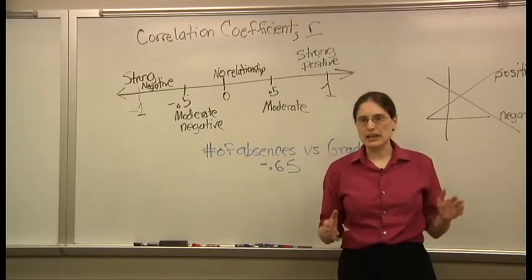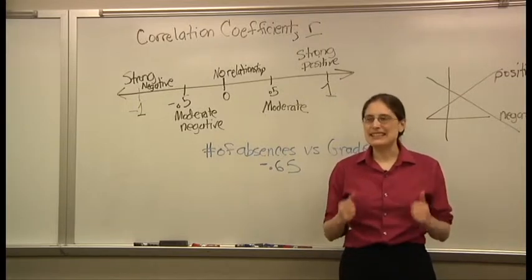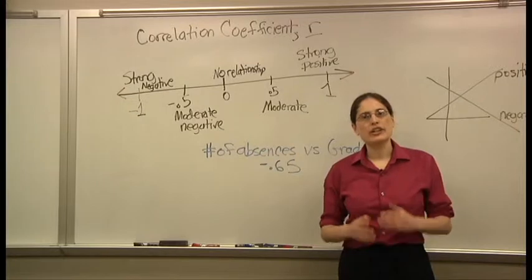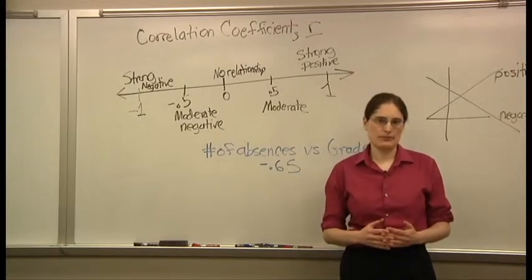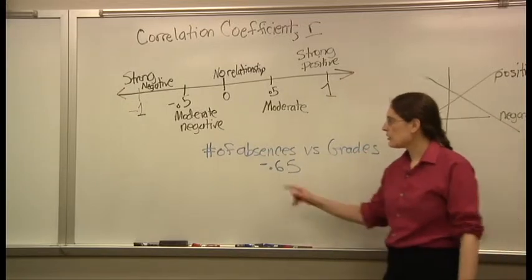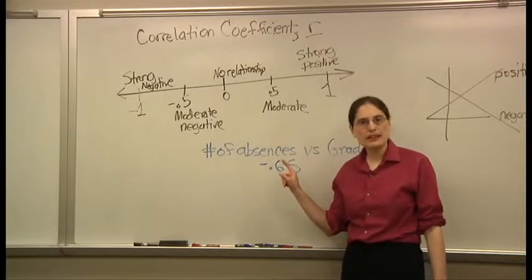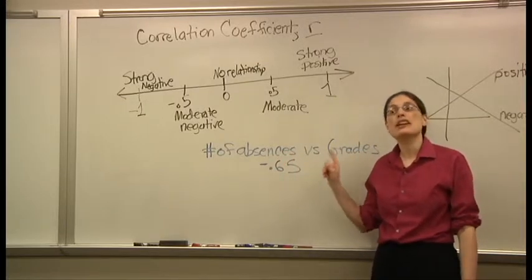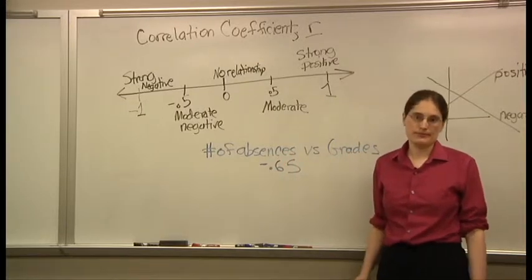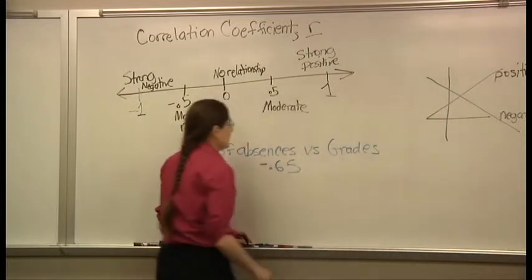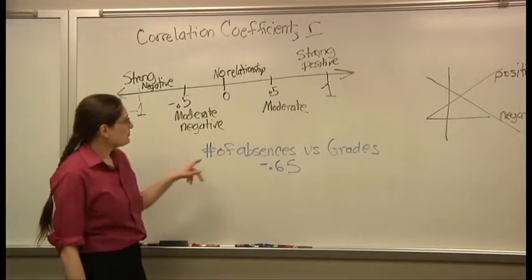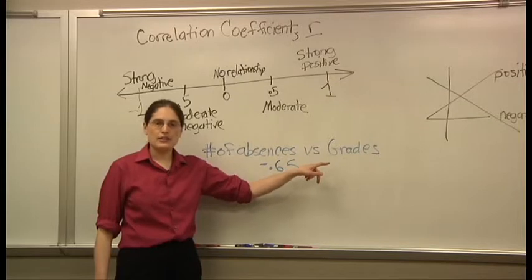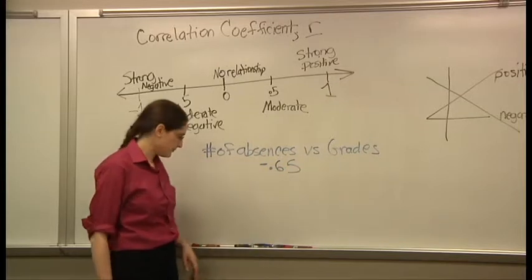It's not a 0.8 or 0.9, but it's definitely strong enough to be important. So attendance isn't the only factor in passing algebra class, but it is important. So absences and grades, negative correlation.